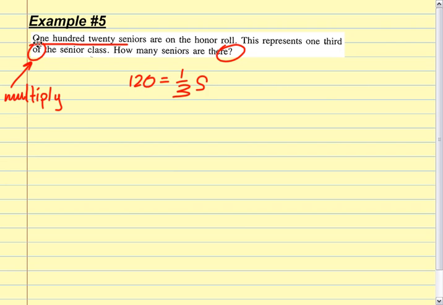Now, whenever I have a fraction in front of a variable, how do I get rid of that fraction? What is the word? Raise your hand. You said multiply. What's the word? Thank you. The reciprocal. Okay, what is the reciprocal of 1/3?